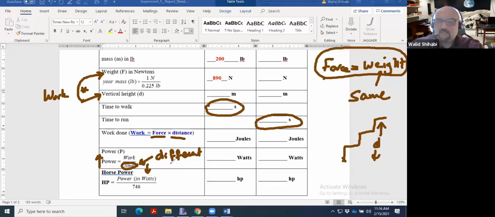Okay, so you calculate the power by dividing the work that you calculated by the time. Of course, for running, it will be different from the time of walking. We'll divide the work by the time to get power. When you divide joule per second, this will give you watts for power.